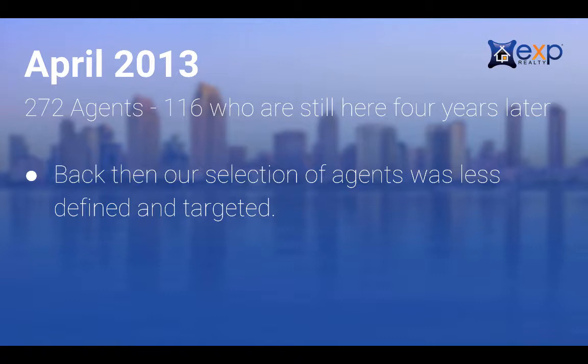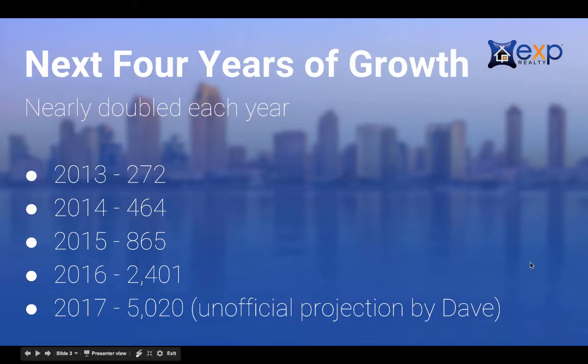We were happy to have one more agent who fit into the culture, and I think today all of us have much more scrutiny when we're sponsoring someone into the company than we did 4 years ago. But I took those 116 people that we still have today of that 272, and I wanted to look at how that affected our growth.